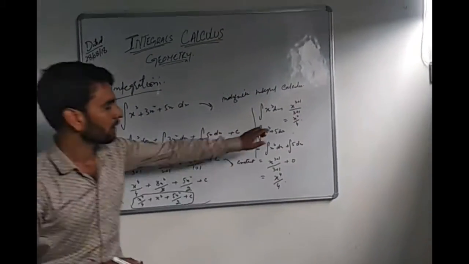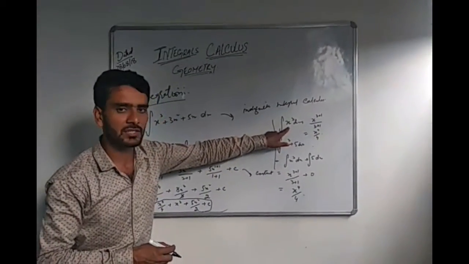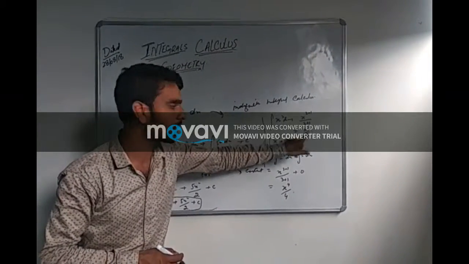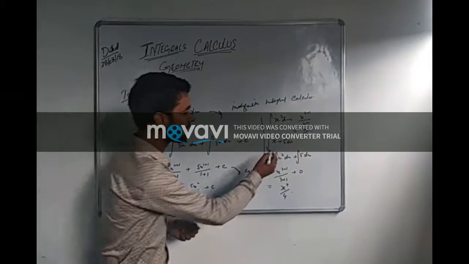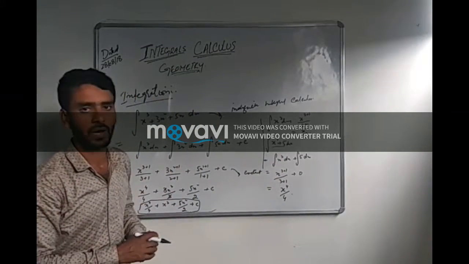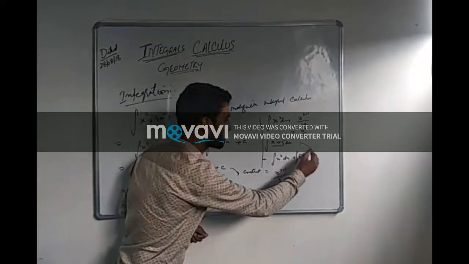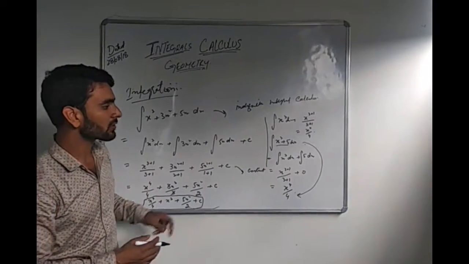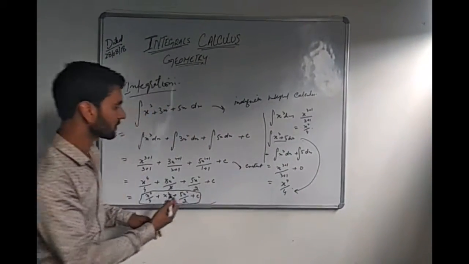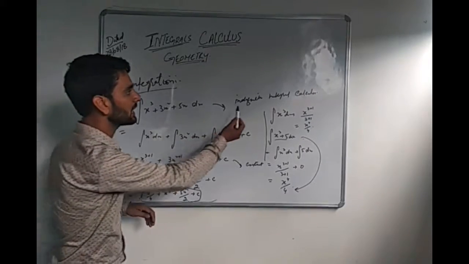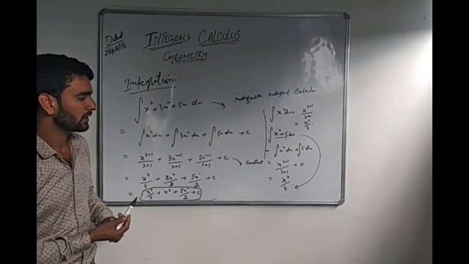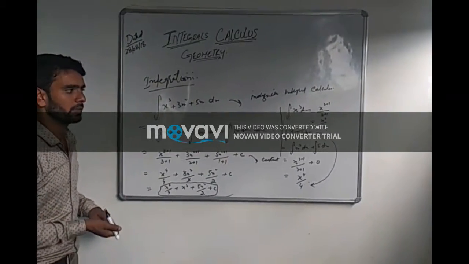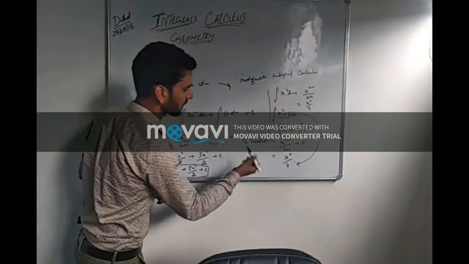See here, when the equation is x cube, the antiderivative will be x raised to power 4 divided by 4. And when the equation is x cube plus 5, the antiderivative is the same as the previous equation. That is why we use the c when we are dealing with indefinite integral calculus, which denotes the constant.